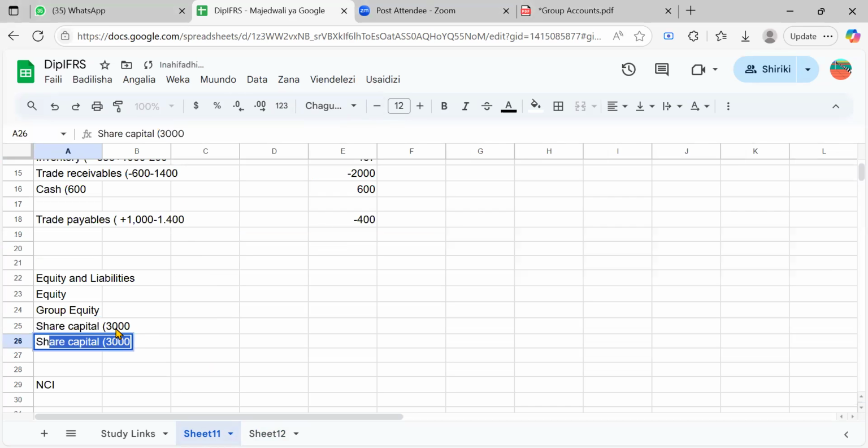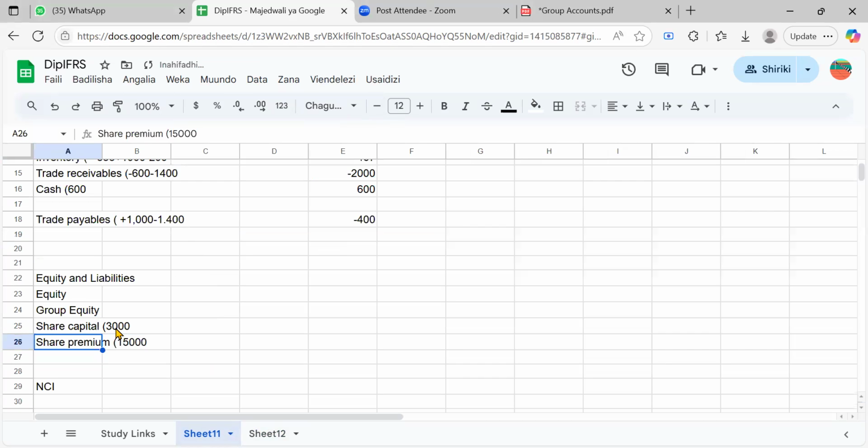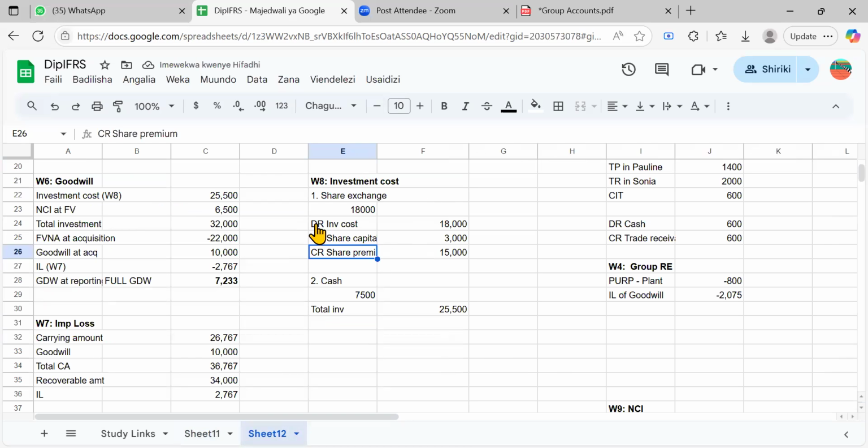And then share premium, 15,000. On the actual solving, I would just write it here: share capital equals 3,000 and share premium equals 15,000. So after having done that, we say I passed the double entry and I have actually used it.